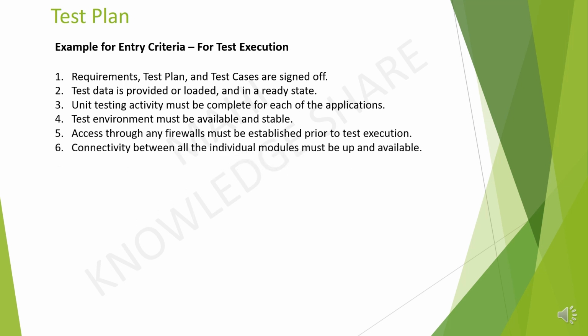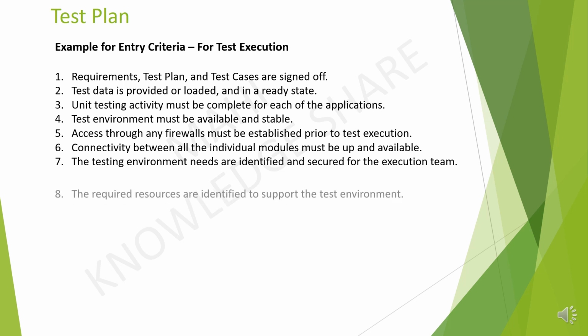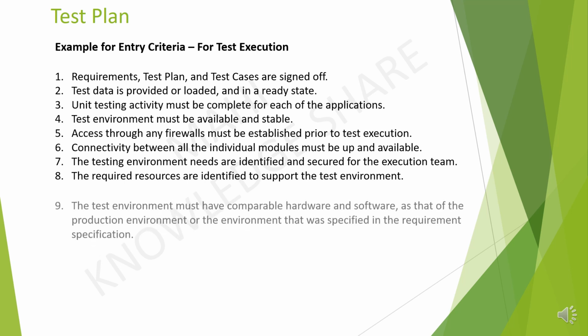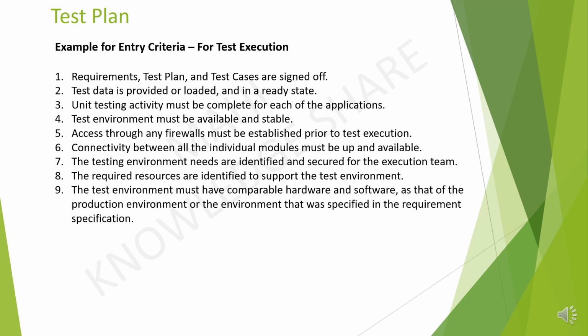Connectivity between all the individual modules must be up and available. The test environment needs to be identified and secured for the execution team. The required resources are identified to support the test environment. The test environment must have comparable hardware and software as that of the production environment or the environment that was specified in the requirement specification.